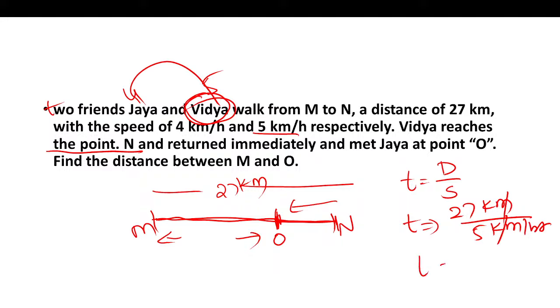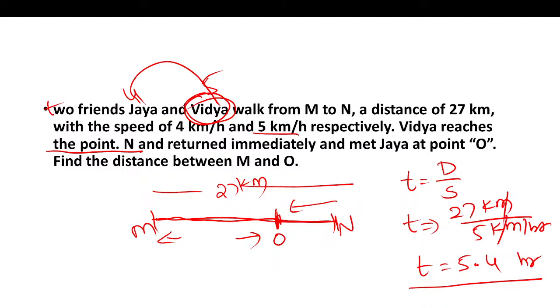Kilometer cancel, only hours are left. T is equal to 27 by 5, nothing but 5.4 hours to reach the destination.